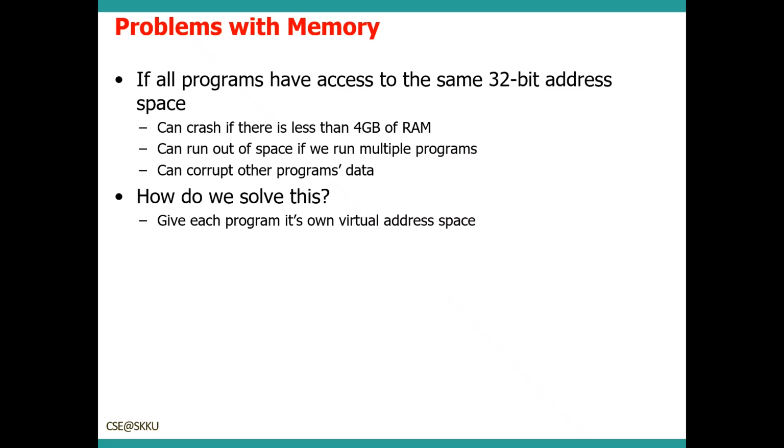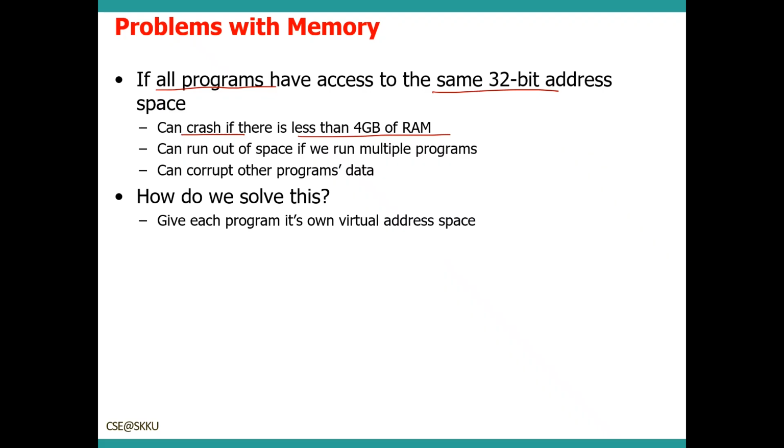Okay, so in summary, if all programs have access to the same 32-bit address space, they can crash if there is less than 4 GB of memory. So if the physical memory is smaller than 4 GB, then when a program generates some arbitrary address, it can cause a crash.